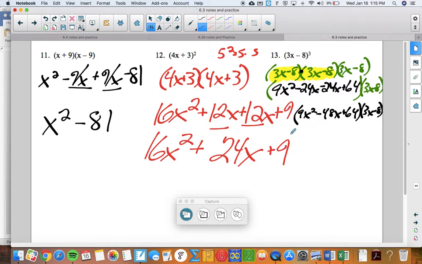So now we get 27x to the third. We get negative, it's going to be 144x squared and 192x. That's when I multiply 3x with all of those.